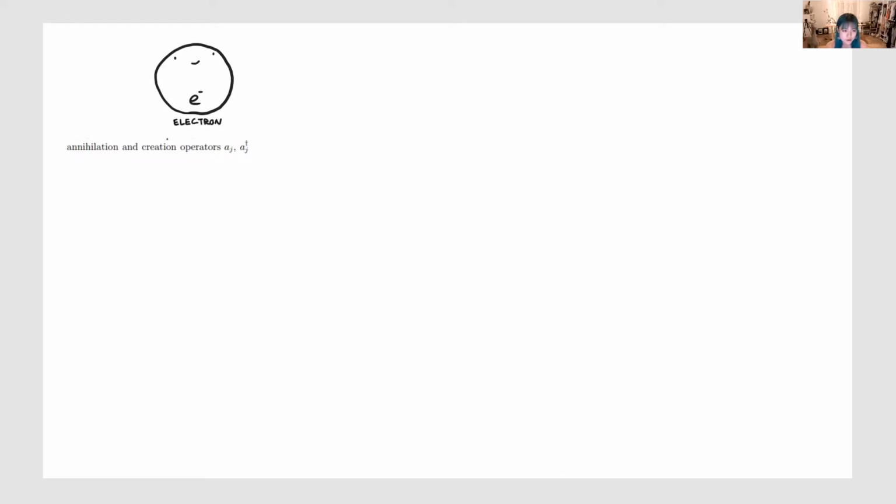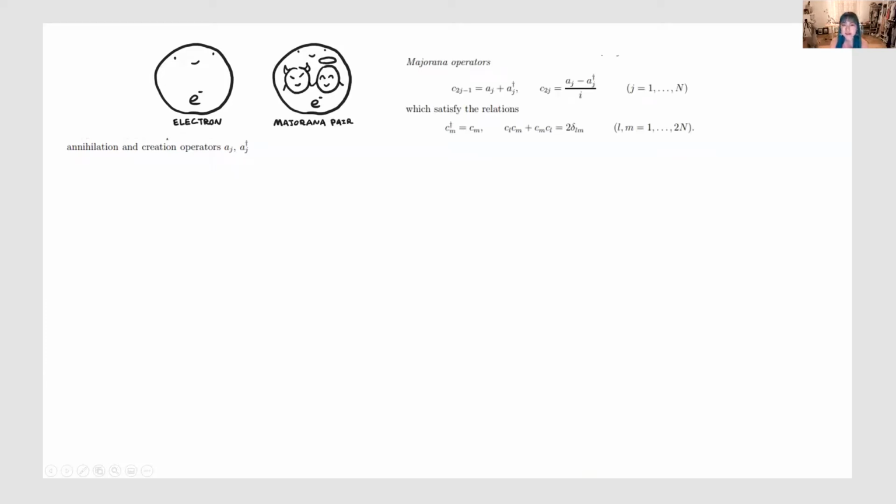You can describe your electron using these operators and say, here I want to create an electron and I have this creation operator. You can further write that you can represent this whole electron with a Majorana pair, which is a pair of quasi-particles, or pseudo, not real particles, but you can mathematically represent them as a pair of a symmetric and anti-symmetric part.